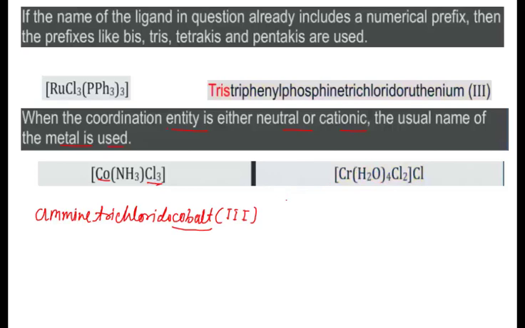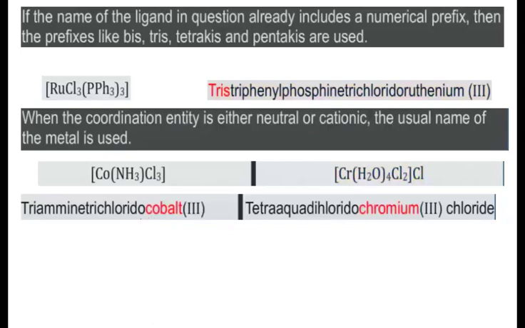In the same manner for this species, tetraaquadichloridochromium(III), and then some space and then chloride. This will be the name. In this case, the name of the central atom is simply chromium. Okay. In these complexes, simple cobalt is used and chromium is used.